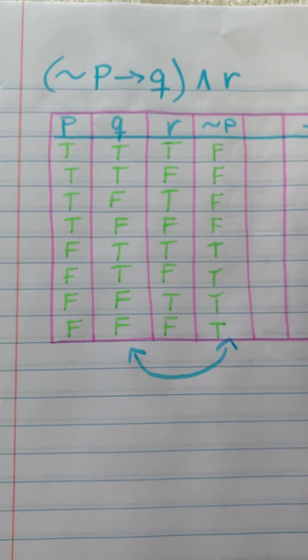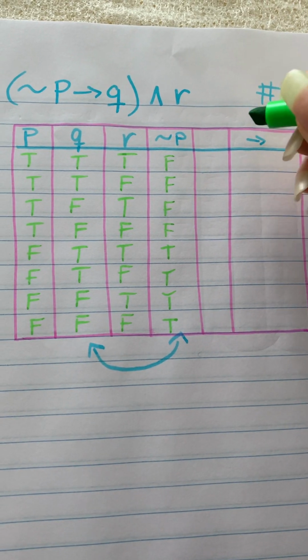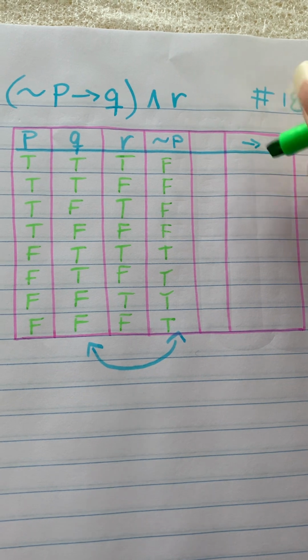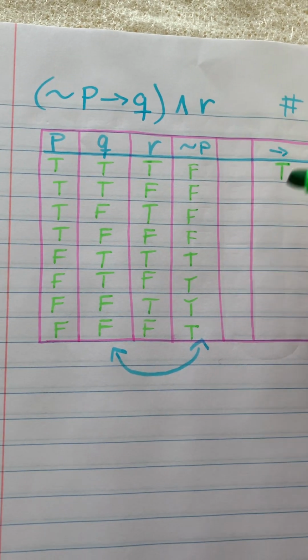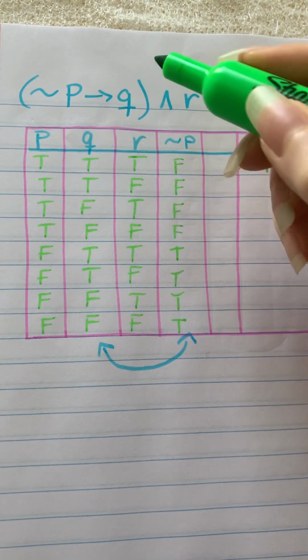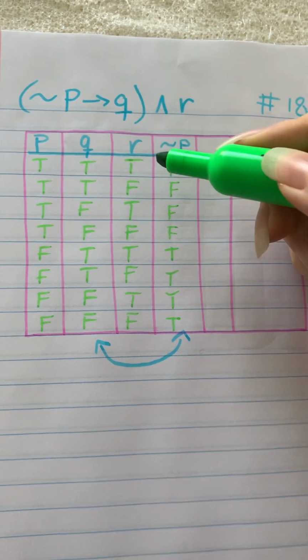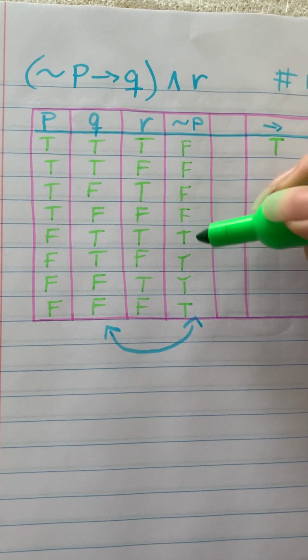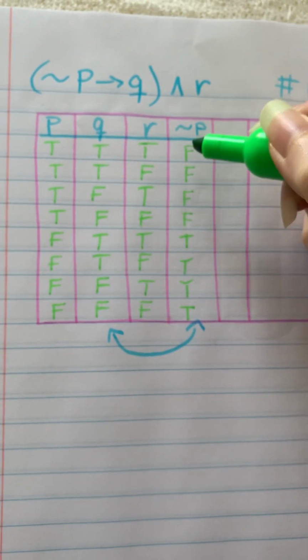So what do we get? The first one is going to be true. Why? Because with the rule of if-then, this is only false if there is a broken promise. So on the first one, from not P to Q, you see that's false, true.